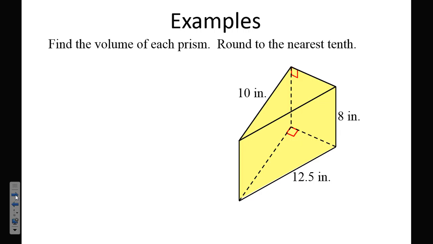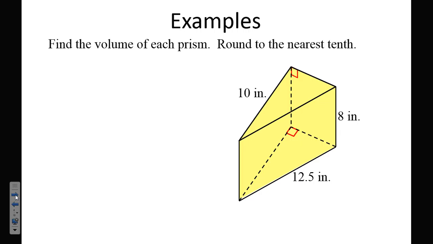So a great question came up: can we just say that this is really just half of a rectangular prism? So we could find the volume of that rectangular prism and divide by 2, and that would work if you use the right sides.